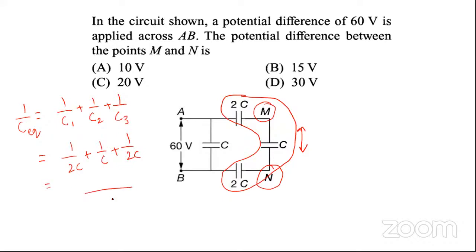That gives us 1 plus 2 plus 1, that is 4 upon 2C. So equivalent capacitance of this combination of these three capacitors in series will be C by 2.